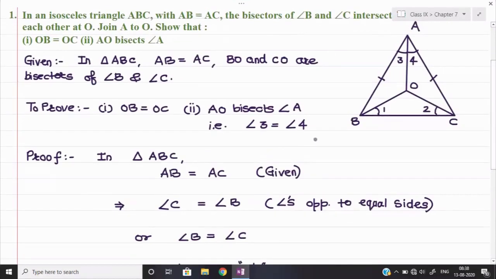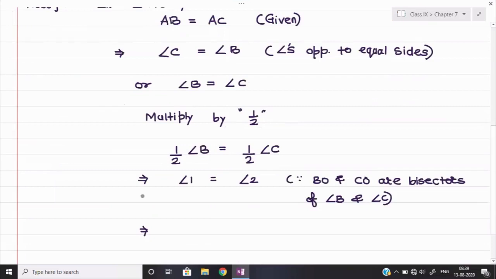In front of angle 2, which side is coming here? That is coming as side OB. So we can say that OB and OC, in short, will be equal. So let us write down now: in front of angle 1, I am writing OC, and for angle 2, I am writing OB.